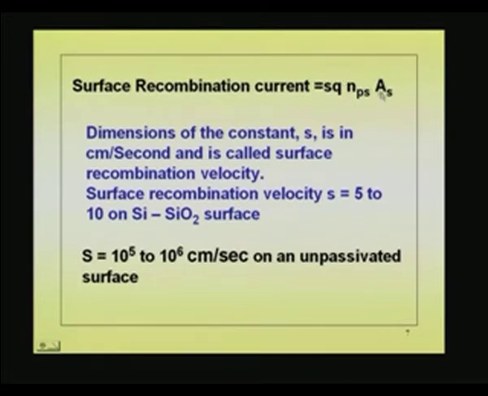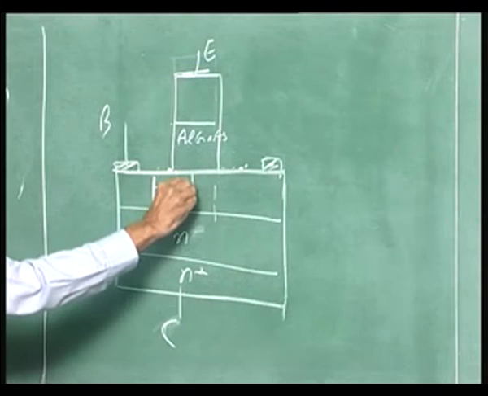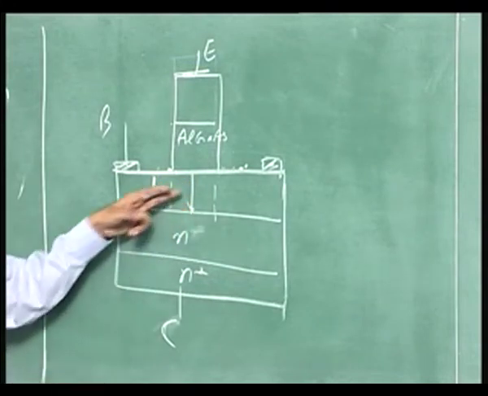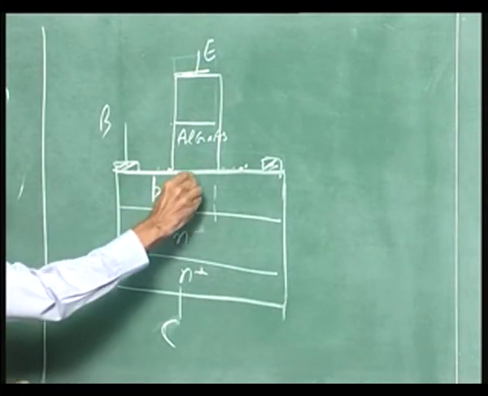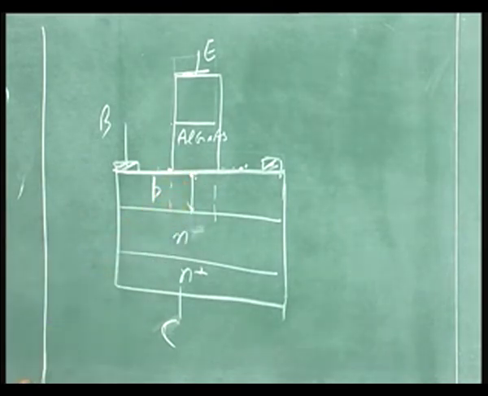except instead of NPS, I have put it as NP0 by 2, because if you move in this direction, it is decaying from NP0 to 0.